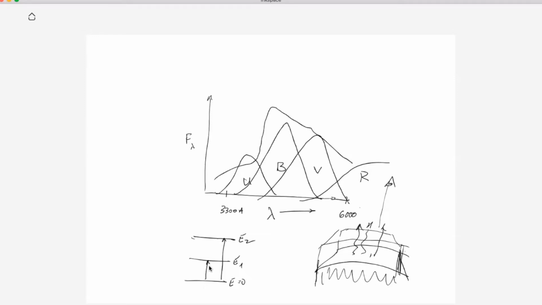The energy that was absorbed by the system is then redistributed to the gas, and what you see at that wavelength is a dark line. The more material you have along the line of sight, the darker that line is going to be. And that's the absorption process.